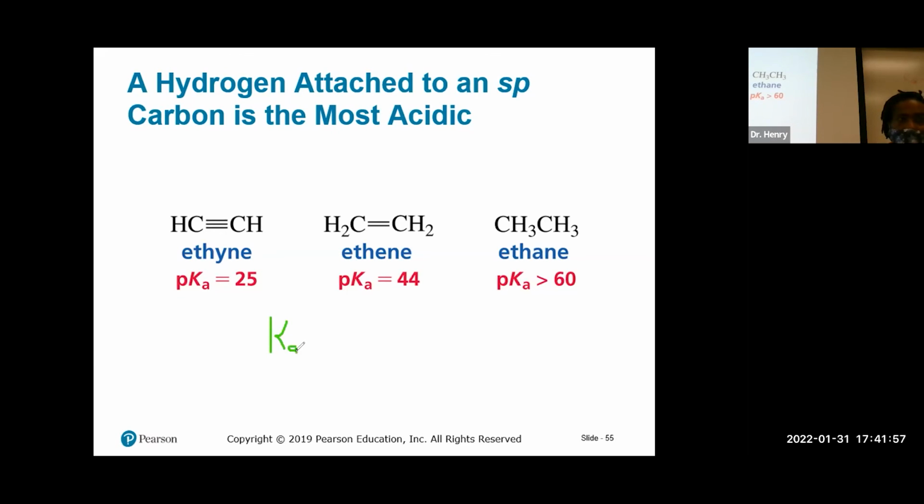This will be the equilibrium constant for an acid. What does the chemical equation for an acid look like? The generic chemical equation.